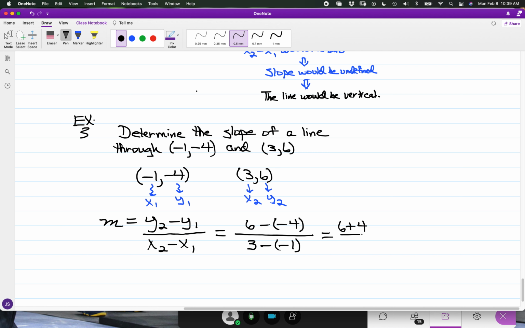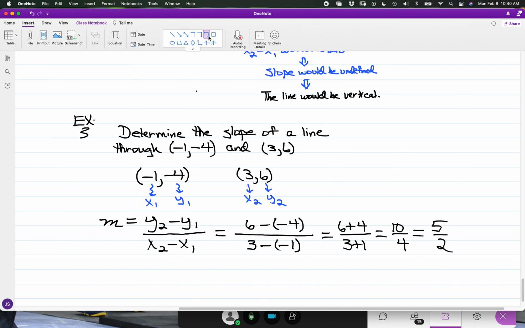So you have 6 plus 4 all over 3 plus 1, so you have 10 over 4, and 10 over 4 is reducible to 5 halves. Okay, so that is going to be the slope.